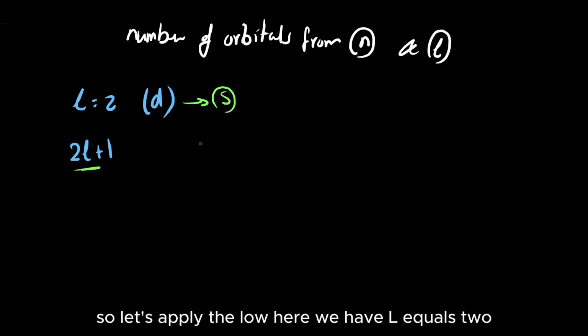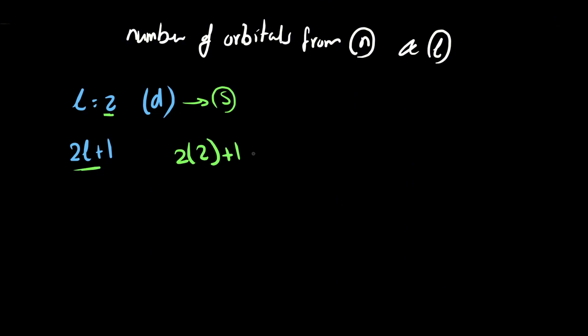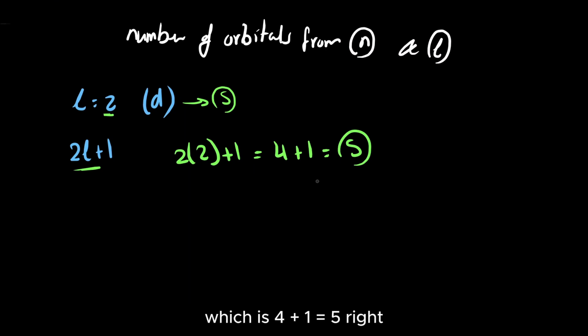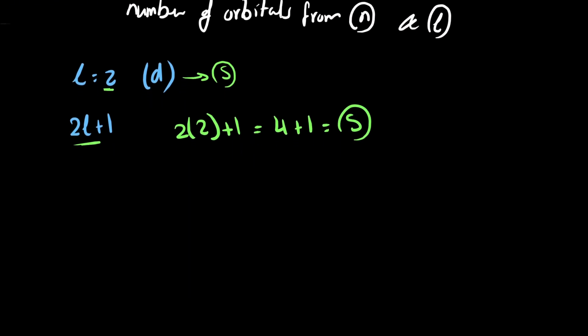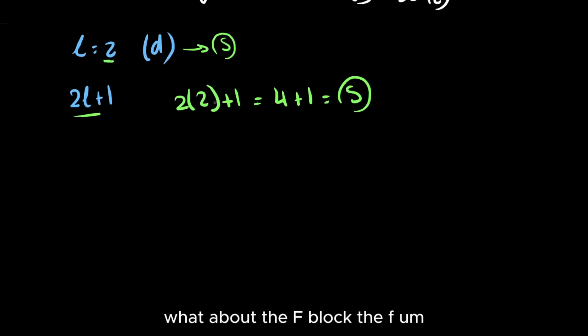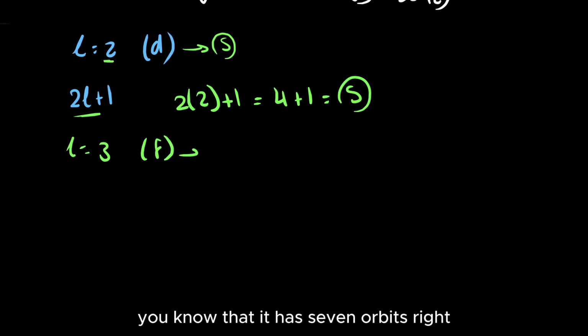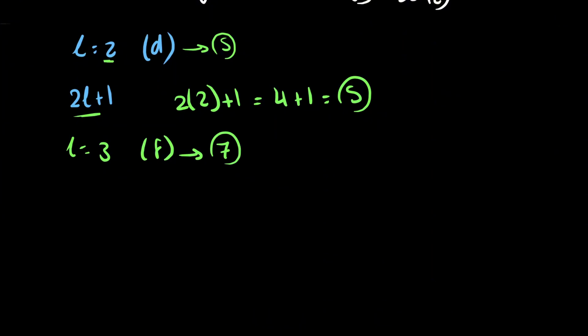So let's apply the law here. We have L equals 2, which is 4 plus 1 equals 5, right? What about the F sublevel, which has L equals 3? You know that it has 7 orbitals, right? Let's apply the law here. 6 plus 1 equals 7.